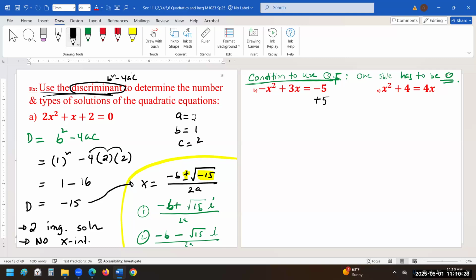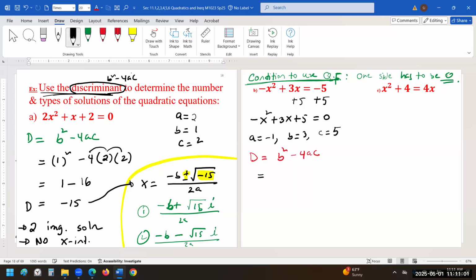Step 1 has to be putting everything together. So negative x squared plus 3x plus 5 equals 0. And now what is our A? B? Positive 5. So what is the discriminant? B squared minus 4AC.